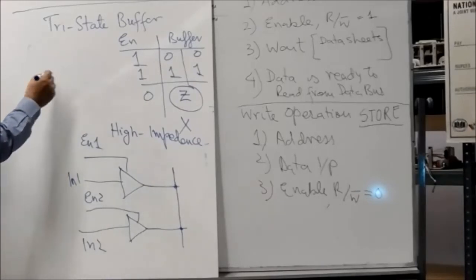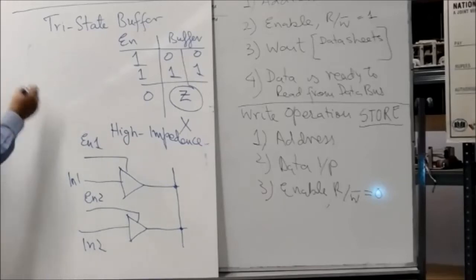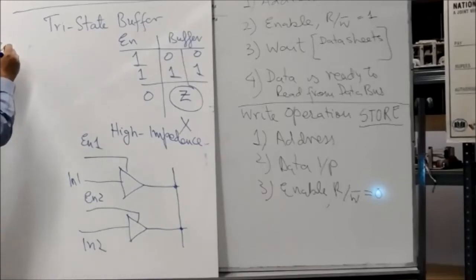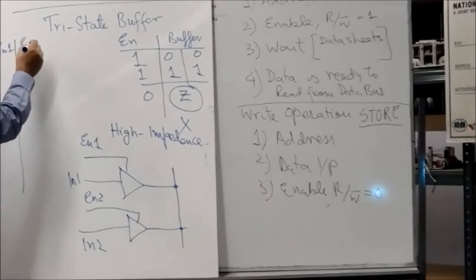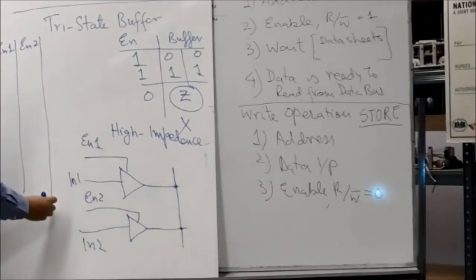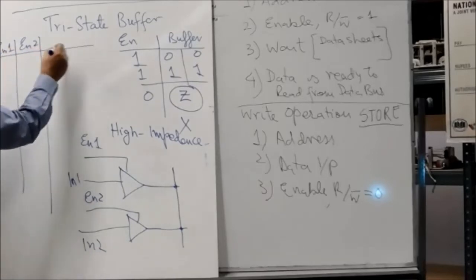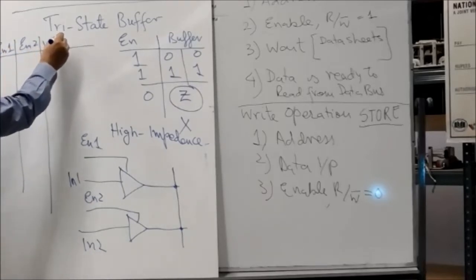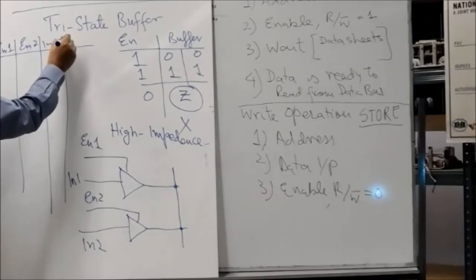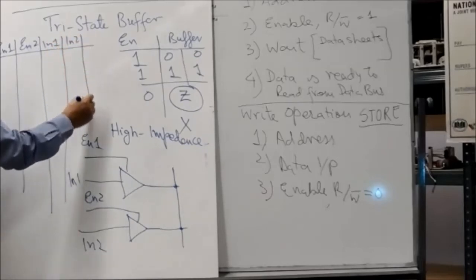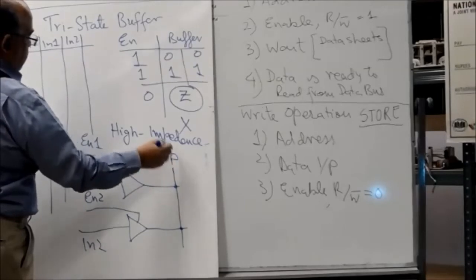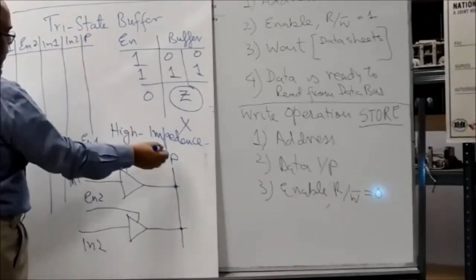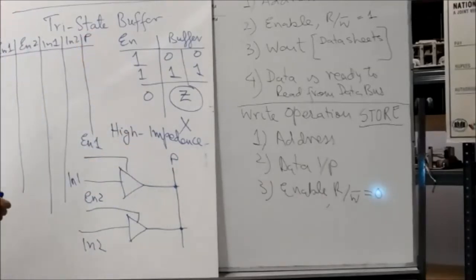So if you make a truth table for this circuit, you have enable 1, enable 2, you have in 1, you have in 2, and you have this output P, a bus line, a party line, whatever you can call this.